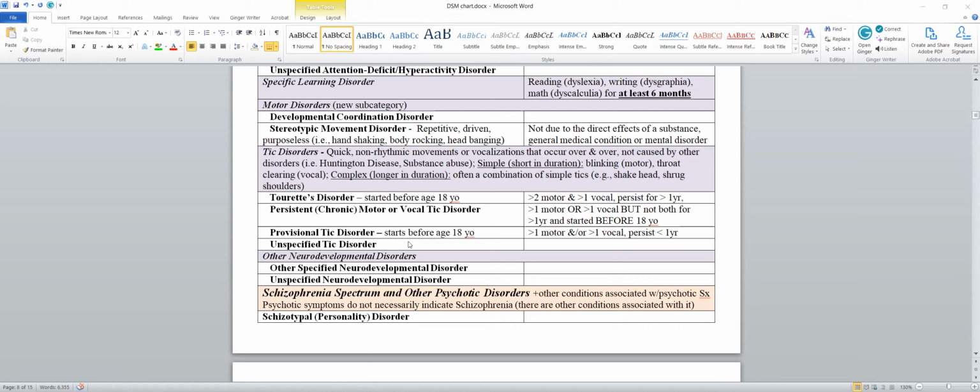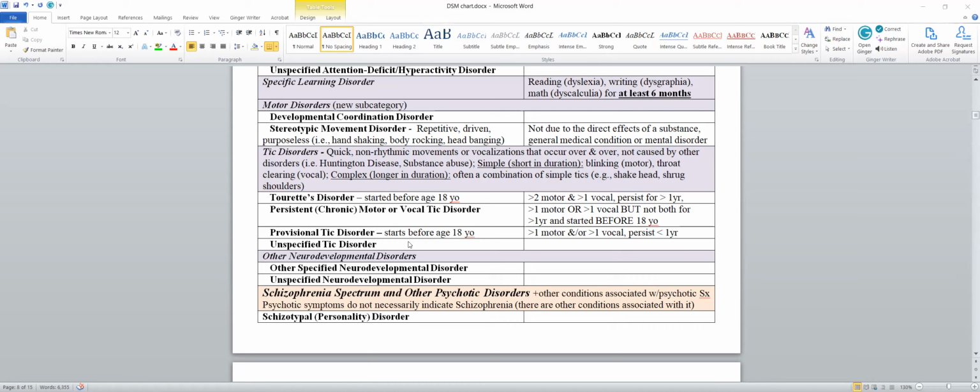The diagnostic criteria is at least 1 motor or 1 vocal, but not both, for at least 1 year, and it started before 18 years old.